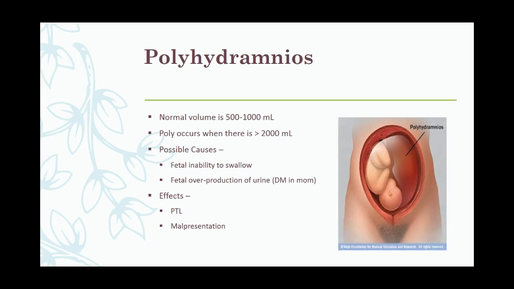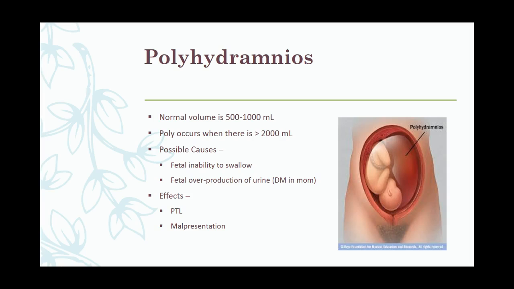Possible causes that might cause this to occur are a fetal inability to swallow or a fetal overproduction of urine. Just like in regular people who have diabetes, whenever they have frequent urination, the same thing happens to a baby if the mom is diabetic.